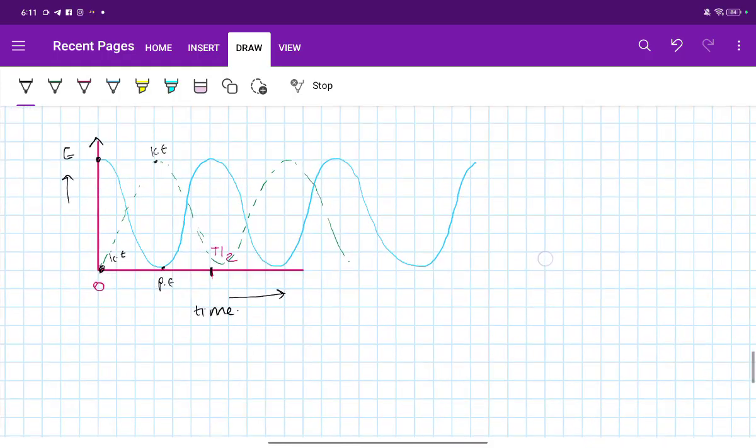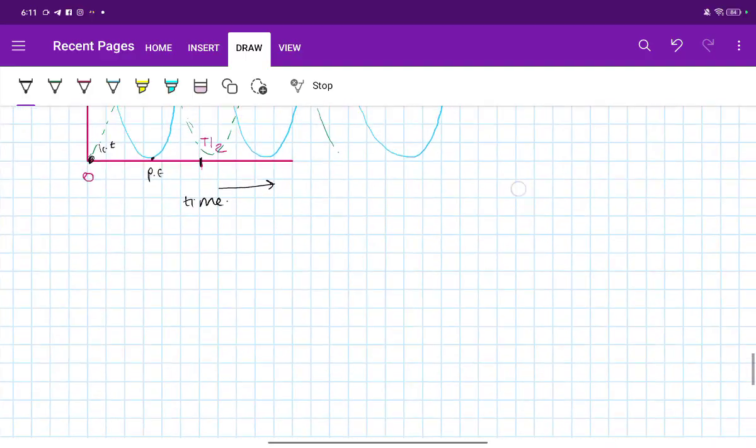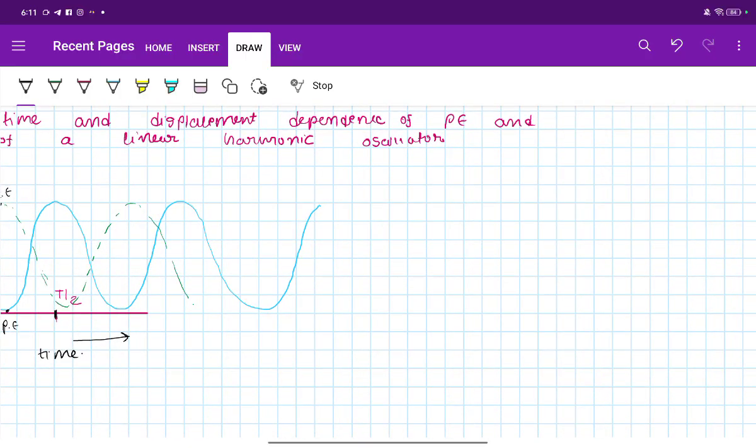Now let's understand another graph. It is a very specific graph. It represents the variation of kinetic energy and potential energy with respect to position. This is our mean position. Let's say this is the x-axis, or it represents displacement. So this is our extreme position.